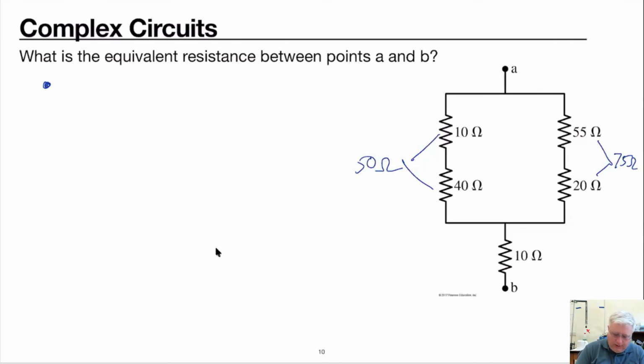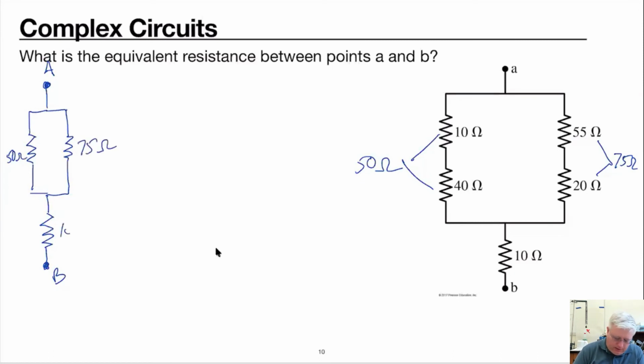I'll draw over here. Now we have a new circuit that looks like this with a 50 ohm resistor here, 75 ohm resistor here, and a 10 ohm resistor here.